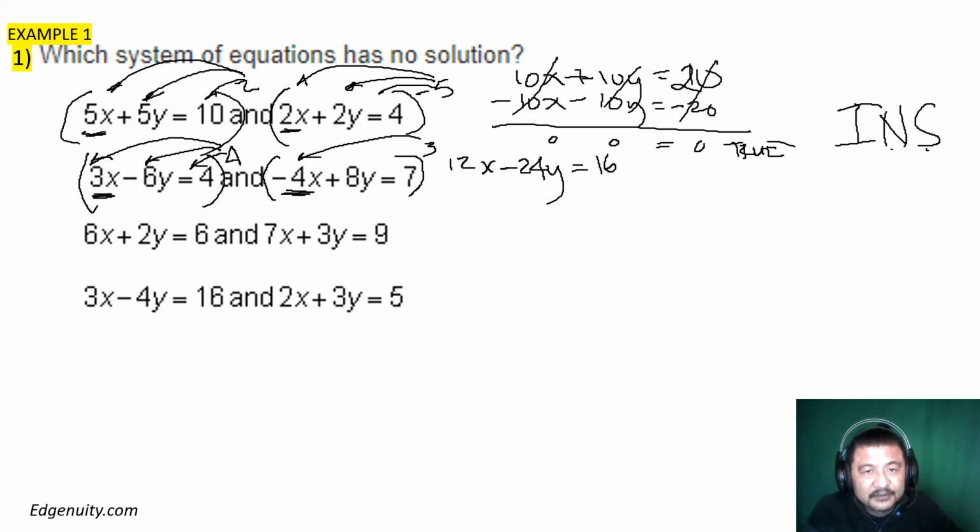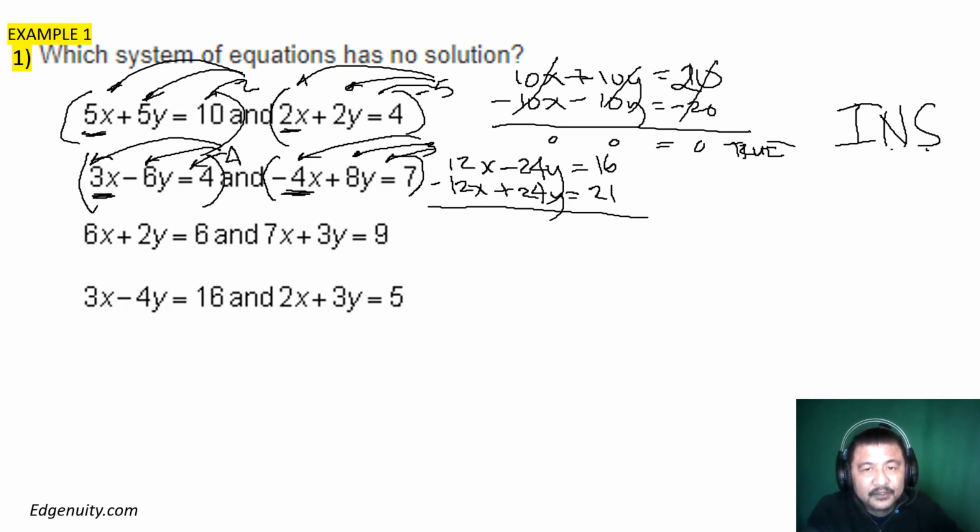All right? So everything now will be times 3. So negative 12x, 3 times 8 is 24. 24 positive. 3 times 7 is what? 21. Okay, remember the y there.